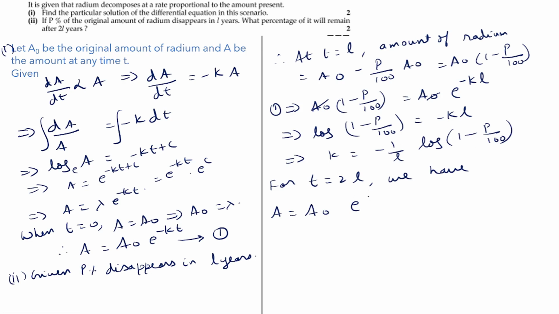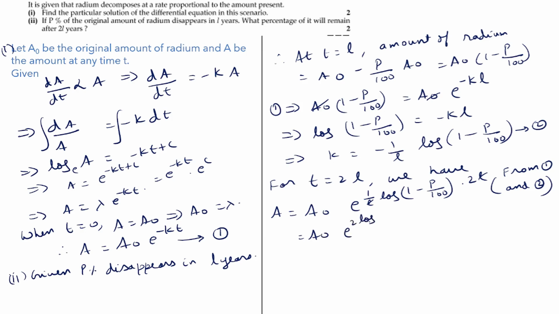So it becomes minus into minus plus 1 by L into log of 1 minus P by 100 into T. T is 2L. Let us take this as 2. So this is from 1 and 2. So this L and this L will go. So we get A naught into e raised to 2 log 1 minus P by 100.